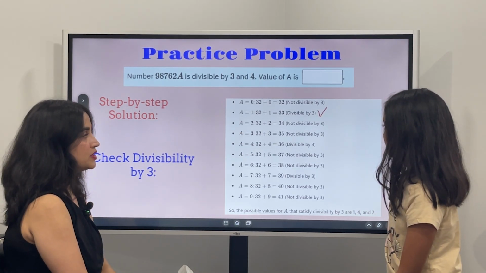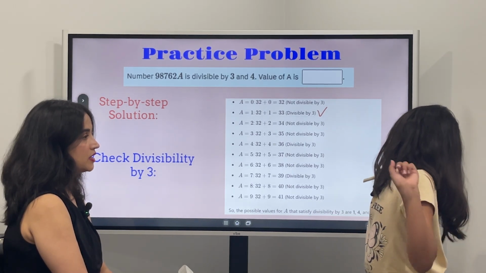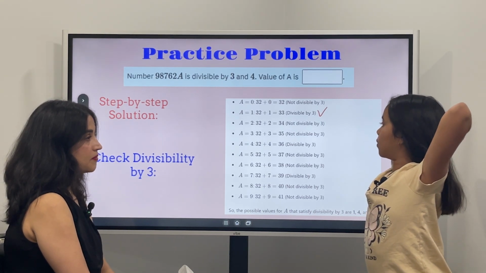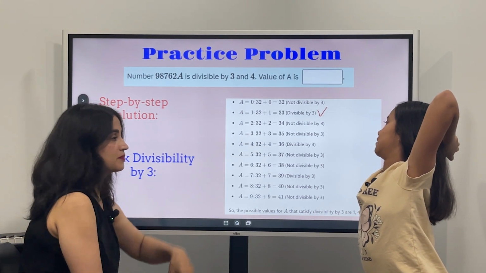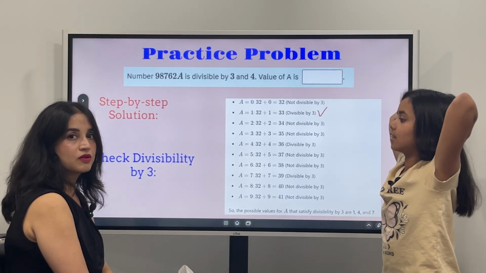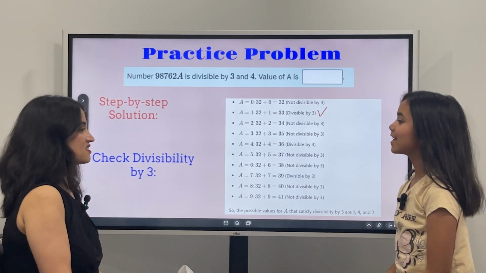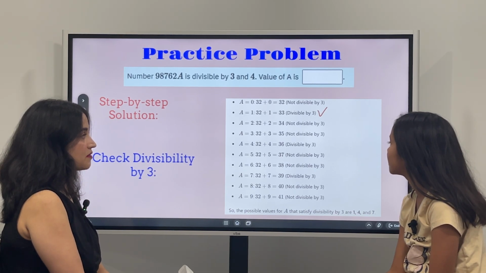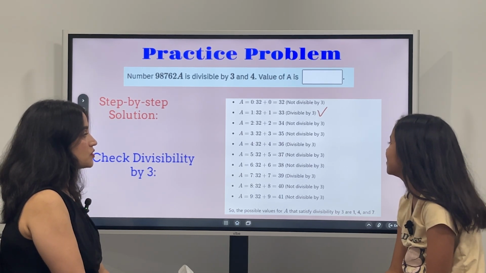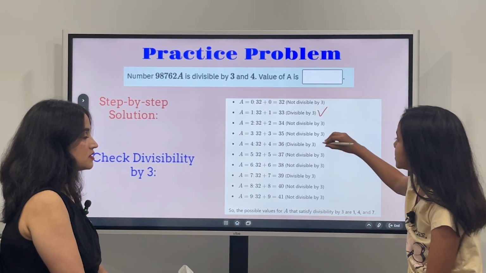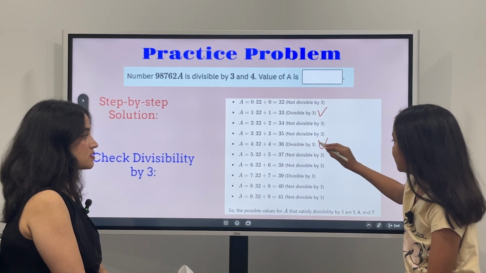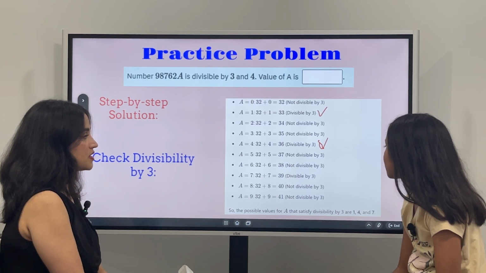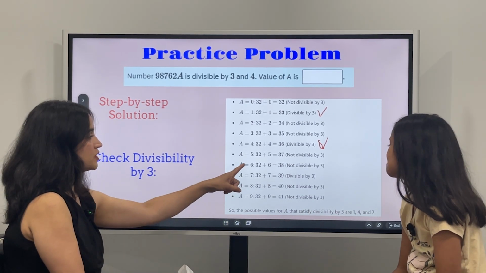32 plus 2 is 34. Is 34 divisible by 3? No. 32 plus 3 is 35, it cannot be divided by 3. 32 plus 4 is 36, which is divisible. 32 plus 5 is 37, it can't be. 32 plus 6?